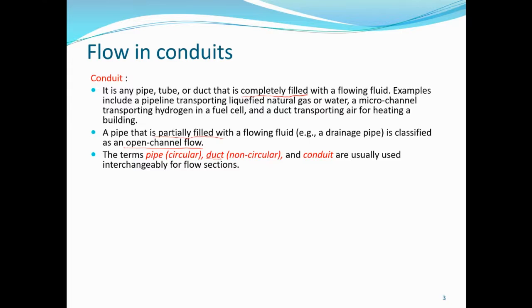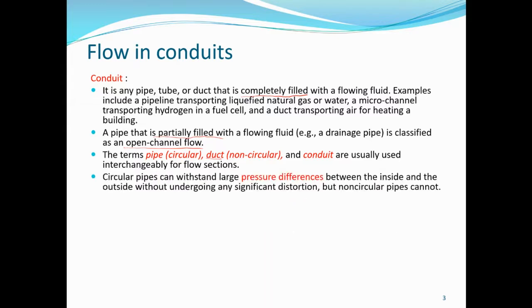Conduit, you can refer to pipe, you can refer to duct. The circular pipes can withstand large pressure differences between the inside and the outside without undergoing any significant distortion, but non-circular pipes do not.